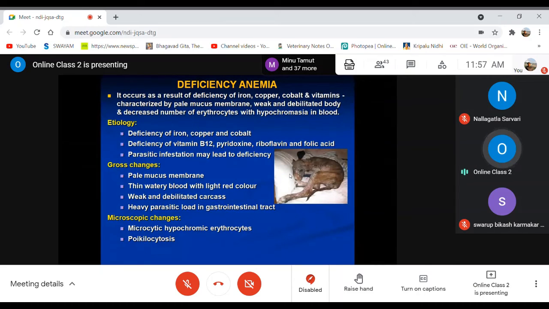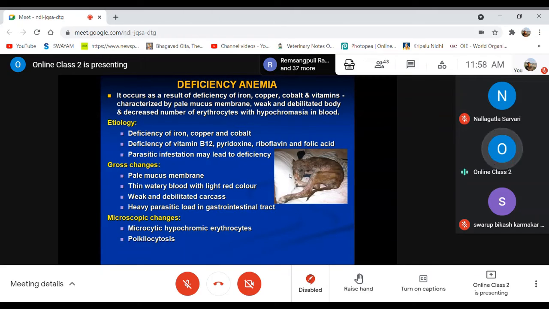Okay, so here again, of course, the most common sign in any case of anemia is pale mucous membrane, except in hemolytic cases. In hemolytic cases, pale mucous membrane may also be there, as well as yellowish discoloration of the mucous membrane due to jaundice, right?